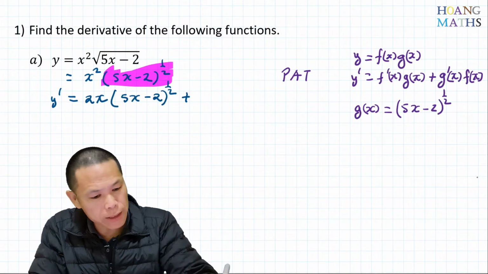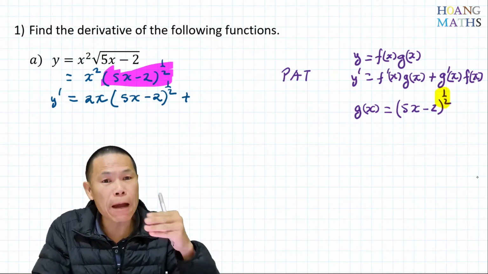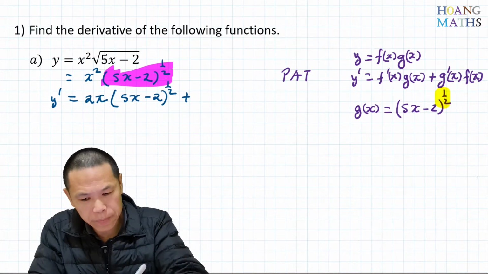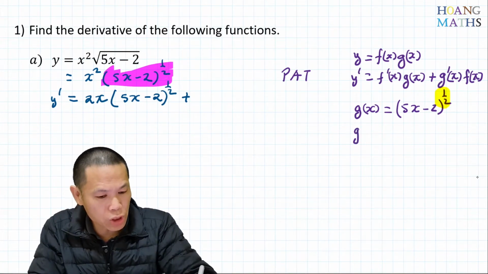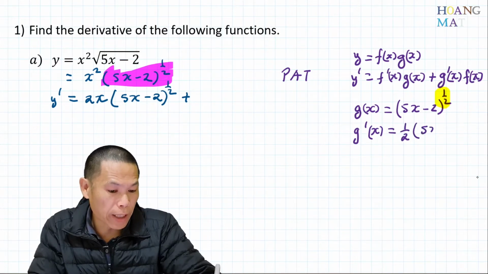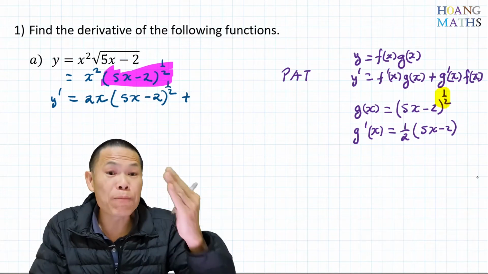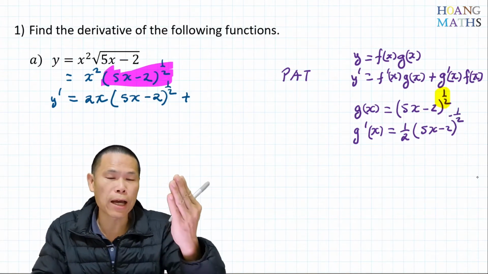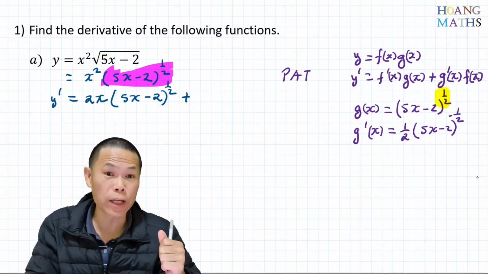The power is a half, so we bring it down, then we minus 1. So g dash x will give me the half, bring it down, then we minus 1. A half minus 1 is negative a half. Otherwise, you can just use your calculator, a half minus 1, and you should get negative half.